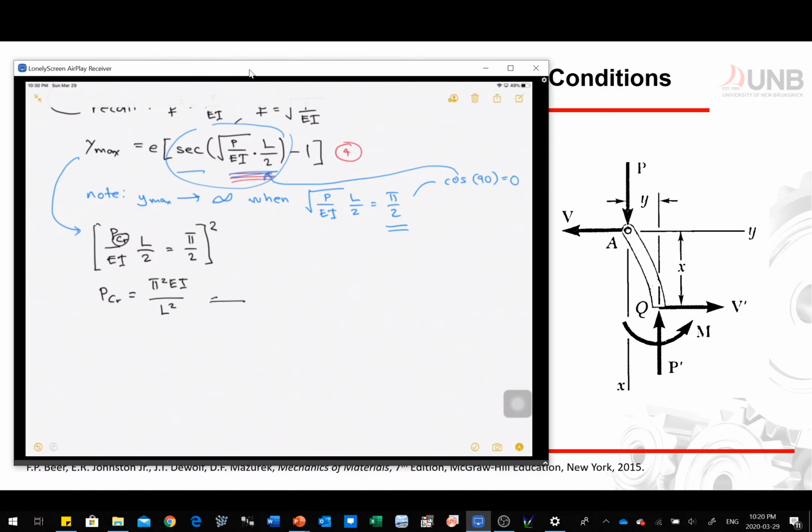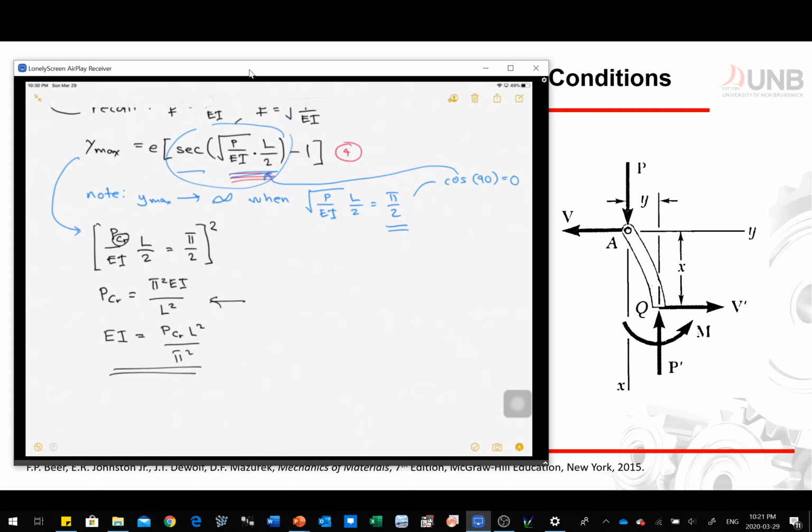This is the same equation for your centric load, which we extracted inside our y max. And we can say that EI, just transposing all the terms to the other side, is equal to PCR L squared over pi squared.